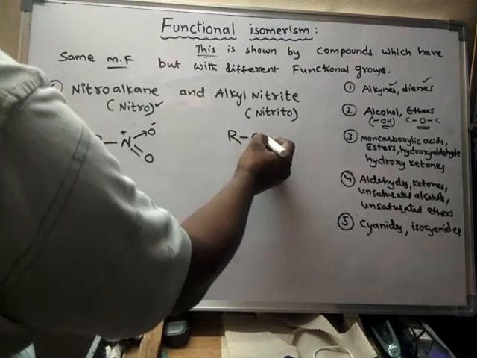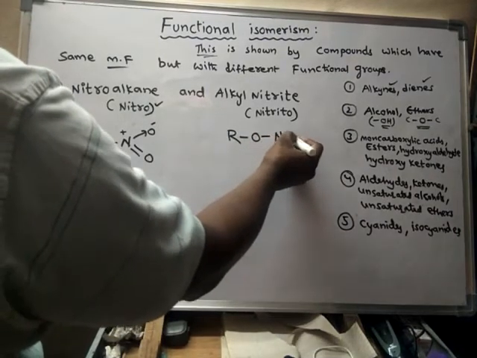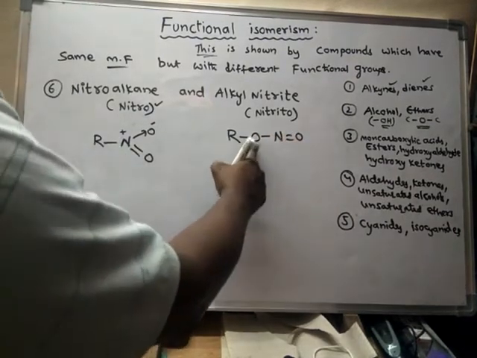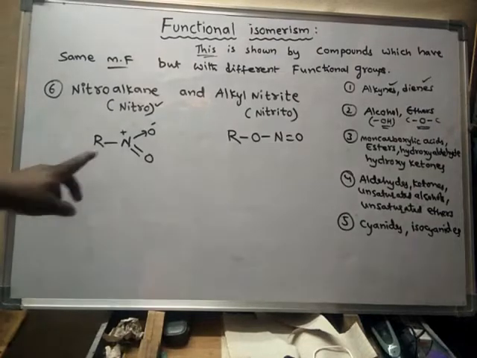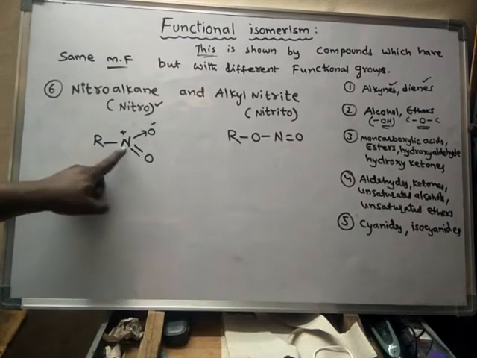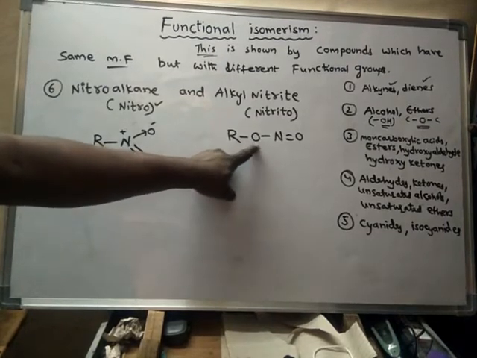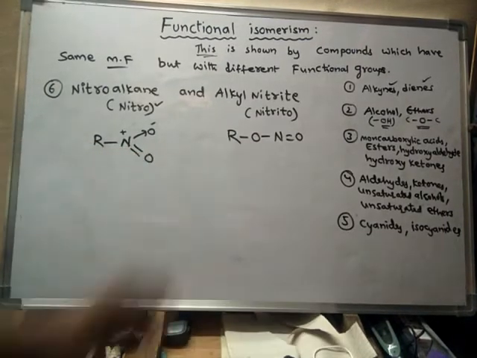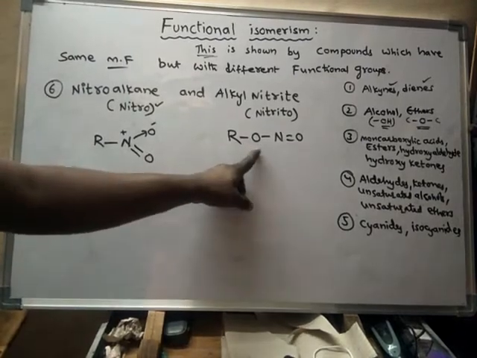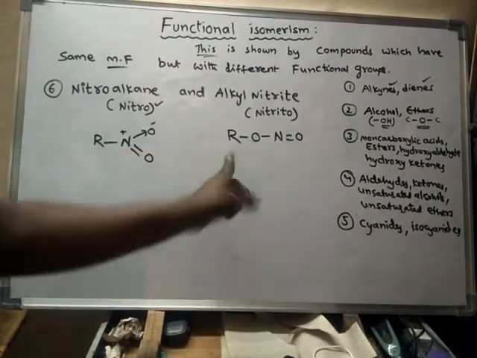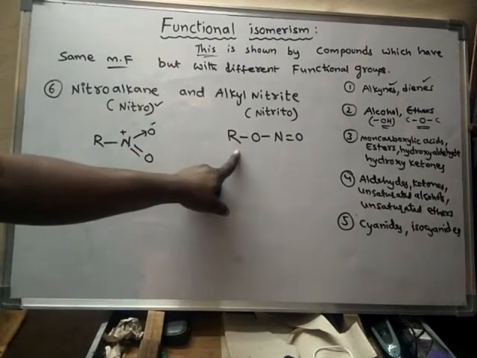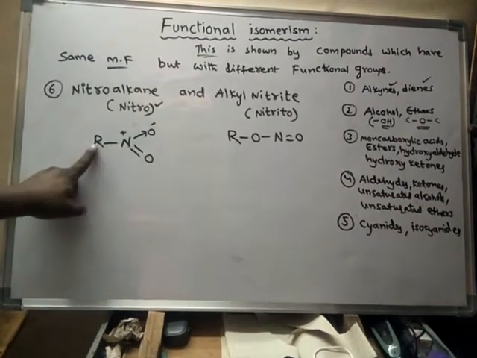It is like this. Here the connectivity is through oxygen. In nitroalkane the alkyl group is attached to nitrogen, whereas here the alkyl group is attached through oxygen.